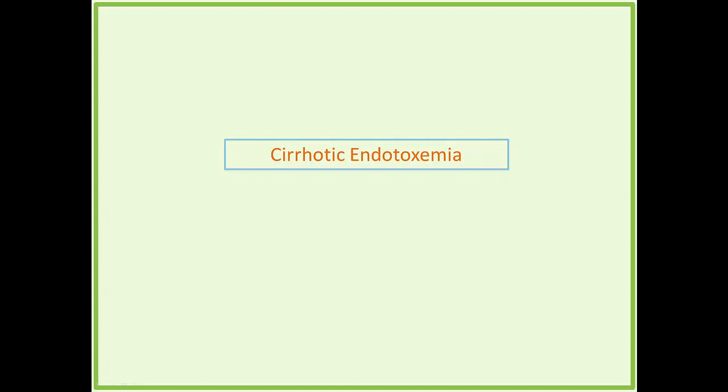Portopulmonary hypertension can be seen. If it's an alcoholic cirrhotic, you can frequently see left ventricular cardiomyopathies. So these patients can be very, very difficult to manage acutely. And I think that this particular disease state is owed some discussion here.